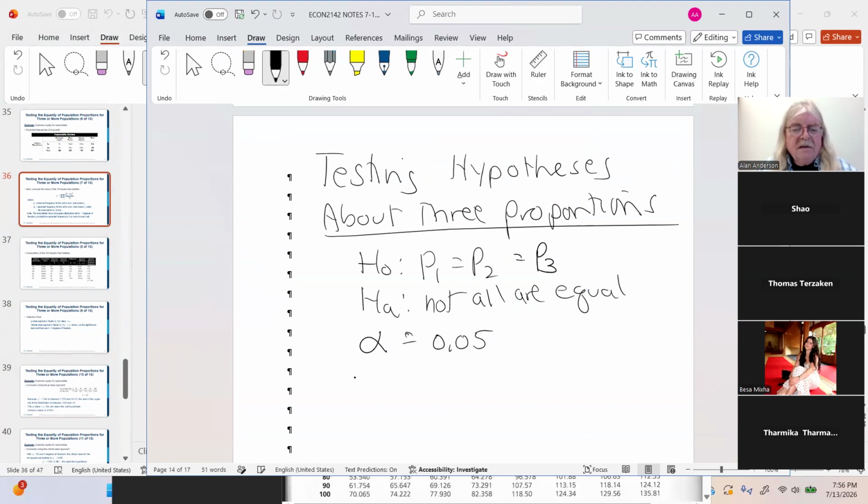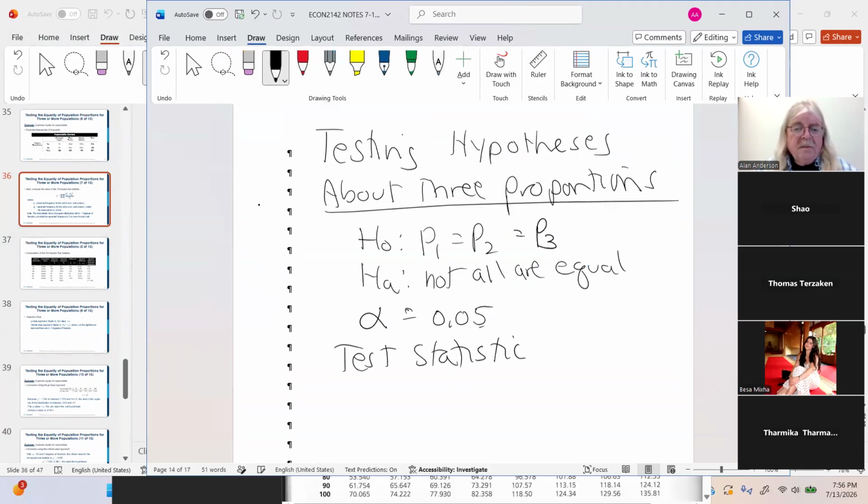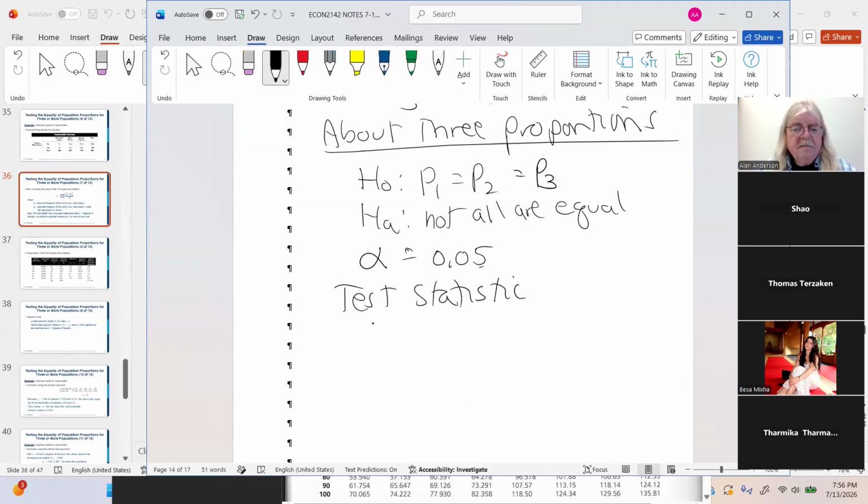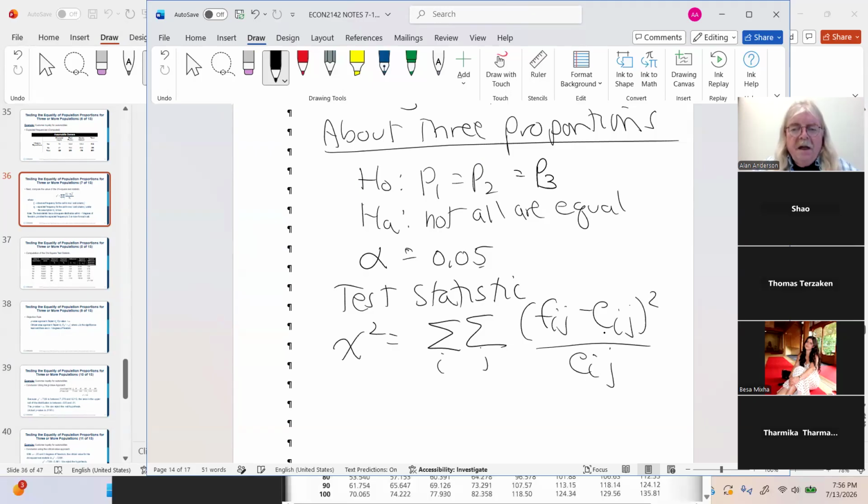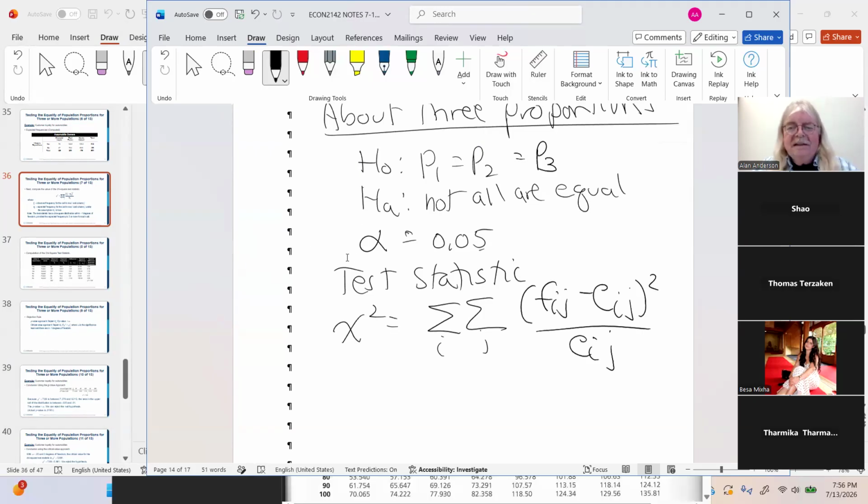And of course, the test statistic is just like before, double sum, one for the rows and one for the columns. We're not going to actually do that ourselves, are we? We're going to let the calculator help us.